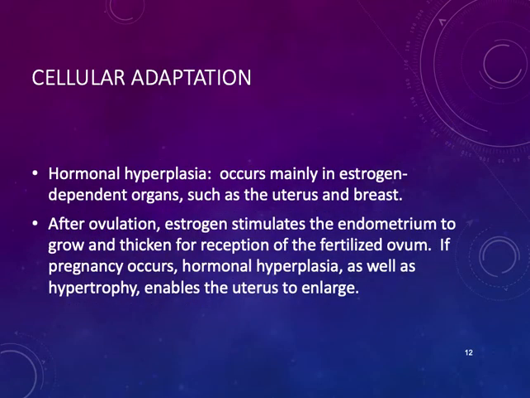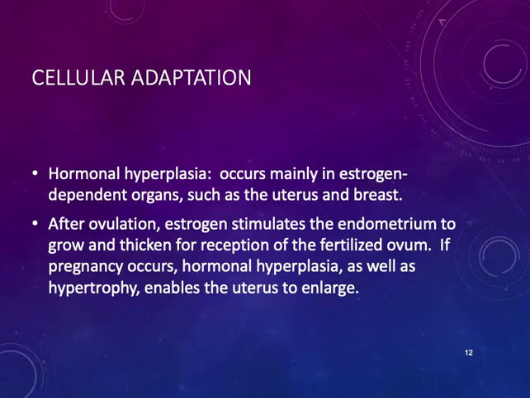Hormonal hyperplasia is the other example. This mainly occurs in estrogen-dependent organs, such as the uterus or the breast. An example would be a normal physiologic process. After ovulation, during a normal cycle, your estrogen stimulates the endometrium to grow and thicken for implantation.